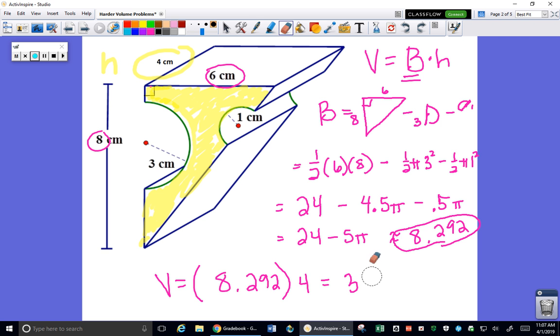That's an eraser. 33.168 cubic centimeters as the volume of that composite figure. Okay, so find the area of your base, multiply it by the height of your prism, and that's how you find volume.